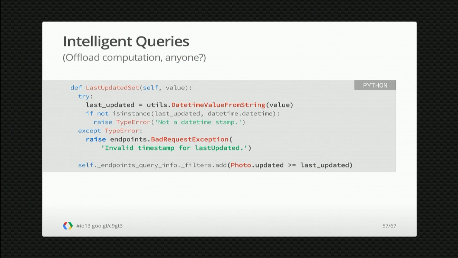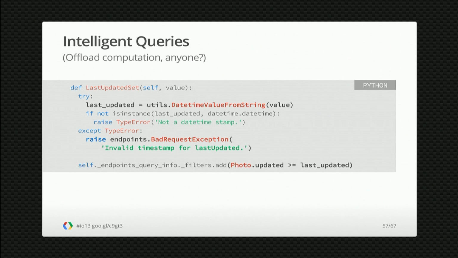So in that setter, there's really three things that happen. So the first thing, we take the value from the request, we try to turn it from a string to a native Python datetime object. If we can't do it, we raise what's called an endpoints.BadRequestException. And for those familiar with HTTP status codes, that tells the client, hey, here's a 400, you sent me bad data, send me good data or don't talk to me, right?